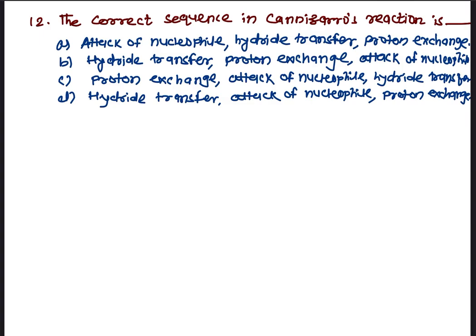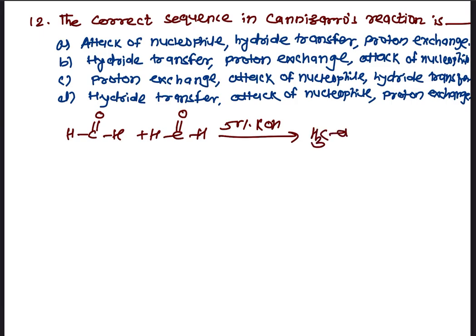So we can solve this with the help of the mechanism. We will write the mechanism. Just as we have seen, a reaction of formaldehyde with 50% base gives methyl alcohol and potassium formate. So here, what is step number 1? Attack of nucleophile.